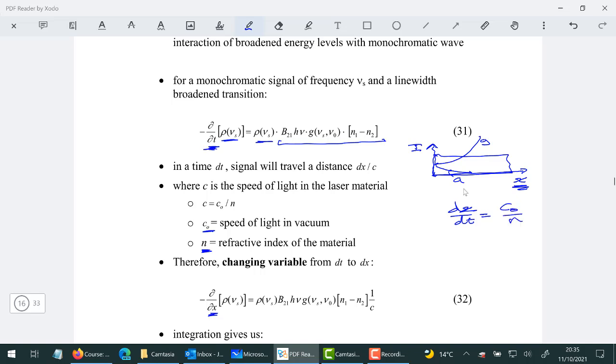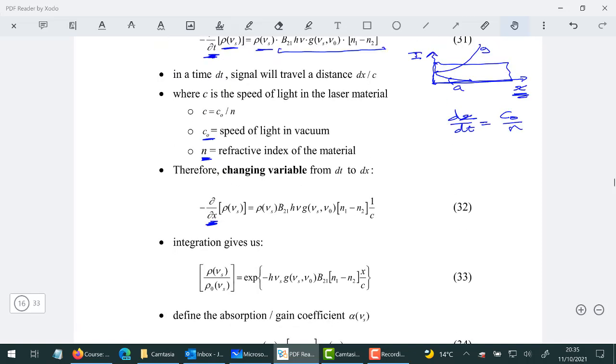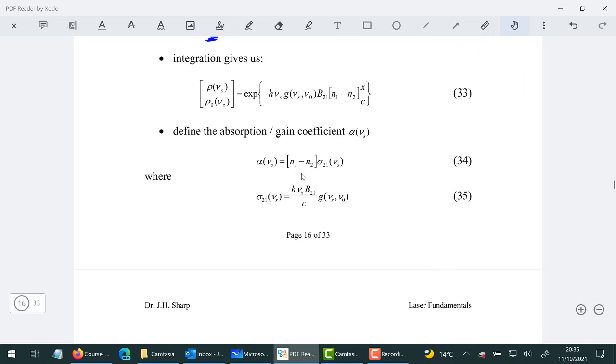So we can change the variable from dt to dx and integrate that so that we end up with an initial signal intensity of rho naught, and our energy density as it transmits through the material, rho of nu s, is equal to a negative exponential, as we said, which depends on h times nu, the energy of each individual photon, depends on the line shape, depends on Einstein coefficients, and it depends on the difference between the number of atoms in level 1 and the number of atoms in level 2 per unit volume.